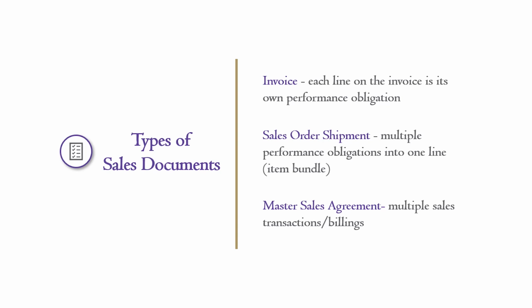And then on the more complex side, it might be a contract. It might be a master sales agreement with a customer where there's milestones, multiple purchase order revisions, and that contract would be defined within RevLens, and that would include multiple billings, multiple types of billings.